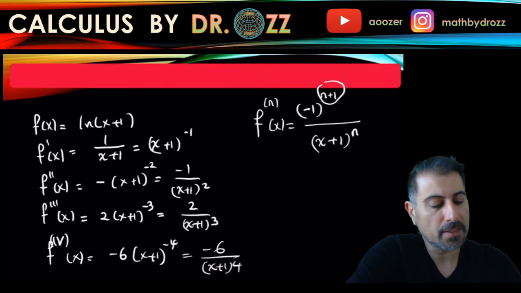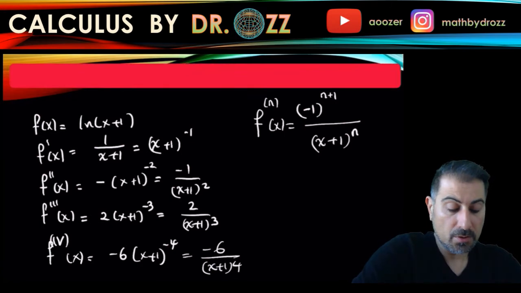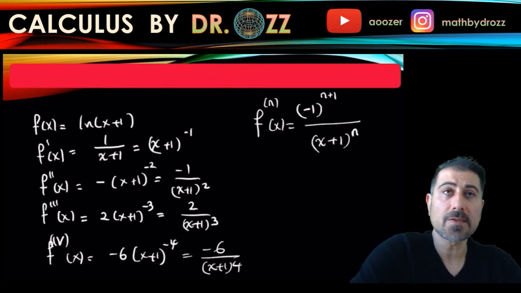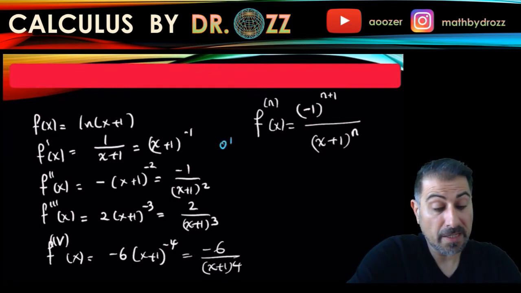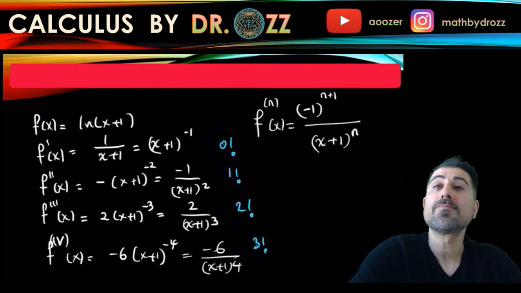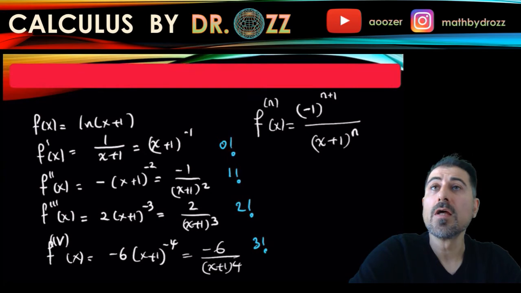Okay. So now I have to catch the pattern for the numbers like 1, 1, 2, 6. So these are known numbers. In fact, this is in terms of factorials: 0 factorial, 1 factorial, 2 factorial, and 3 factorial. 3 factorial is 6, 2 factorial is 2, 1 factorial is 1, and 0 factorial by definition is 1.